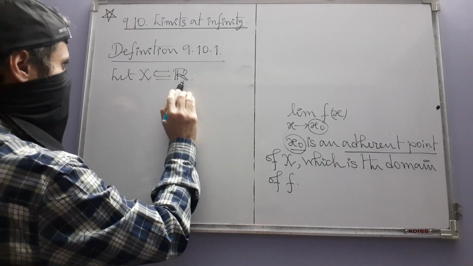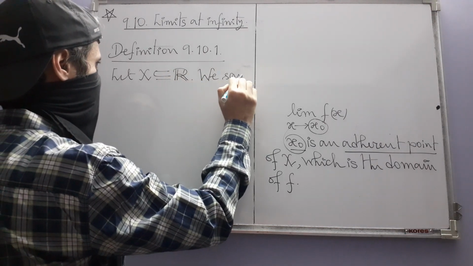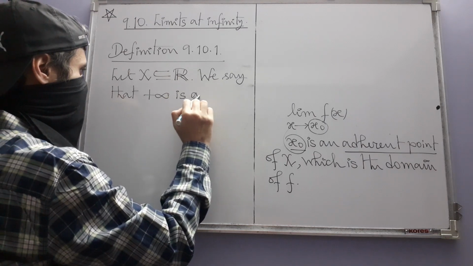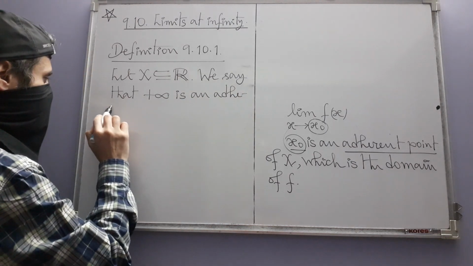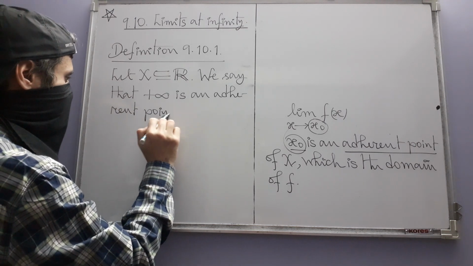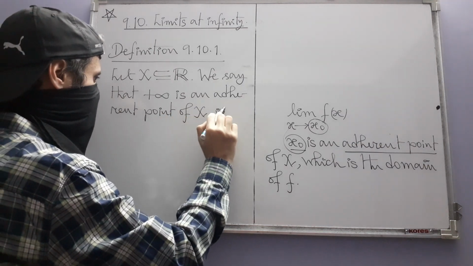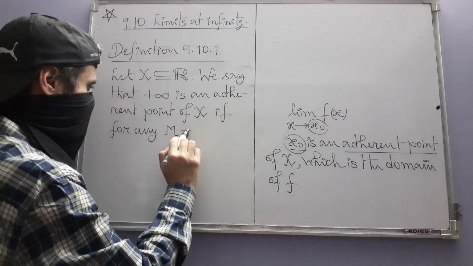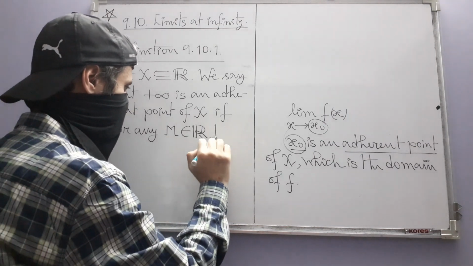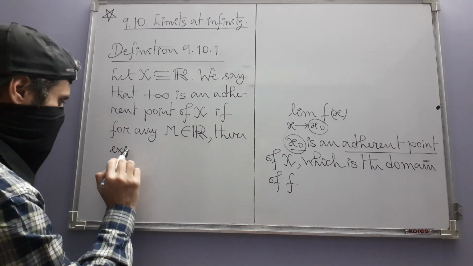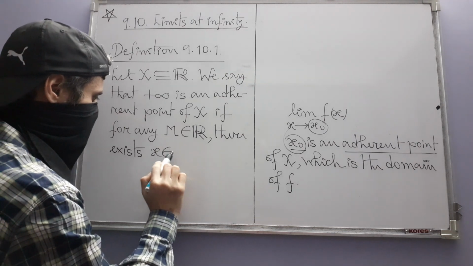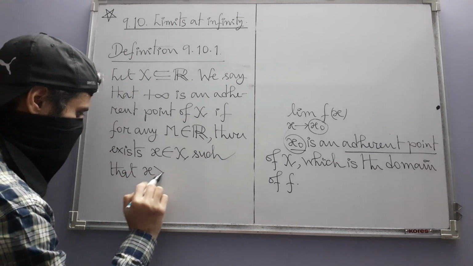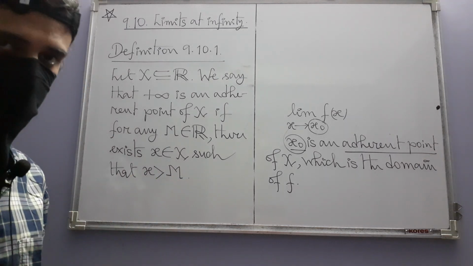So let X be a subset of R. We say that plus infinity is an adherent point of X if for any real number m there exists x belonging to X such that x is greater than m, x exceeds m.